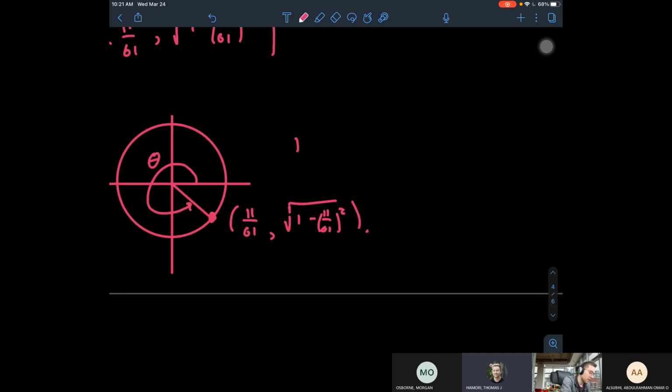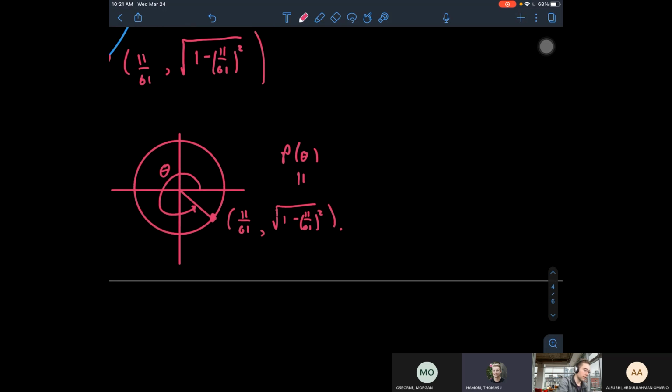So this is P of theta, if you remember. The point on the unit circle which corresponds to the angle theta is the point 11 over 61 comma square root of 1 minus 11 over 61 squared. All right? Okay. So how do I find out what tan of theta is?